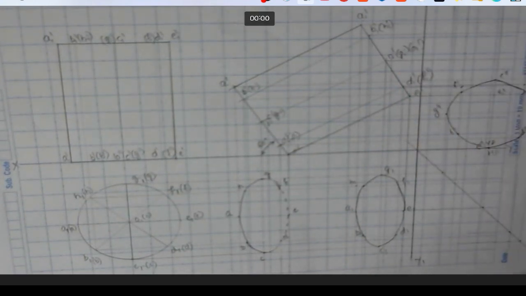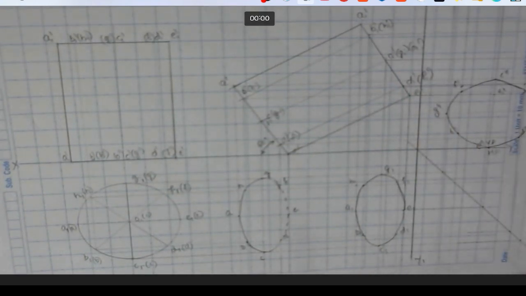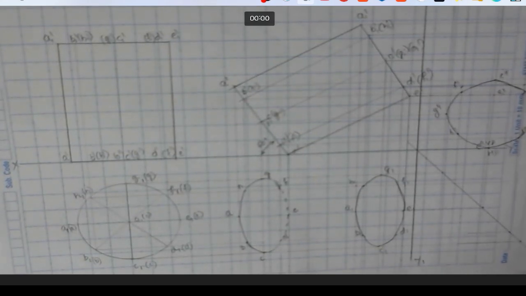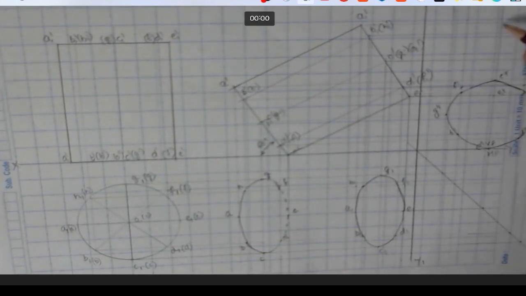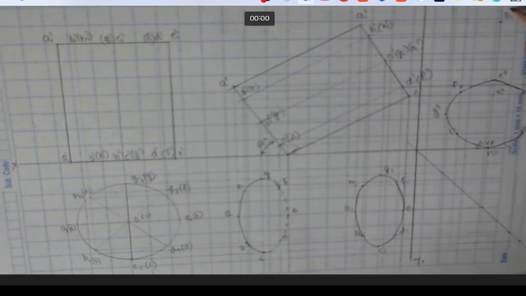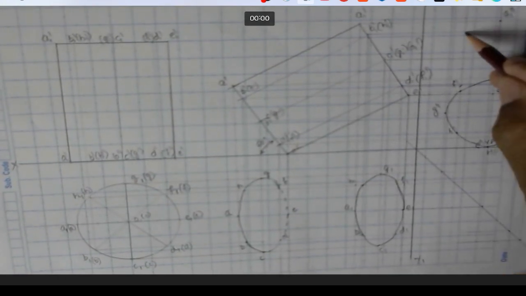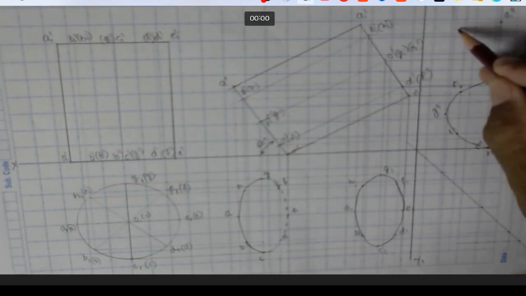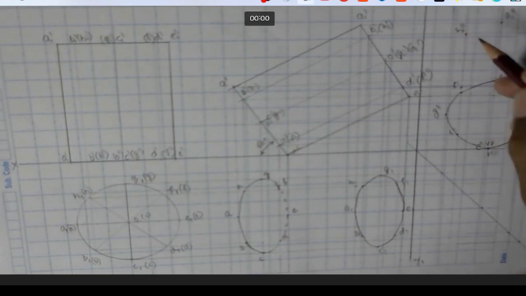Next, okay, E1 double dash is over, B1 double dash is over. So here it is what a C1 double dash, and here I got B1 double dash, and here I got an A1 double dash, and here I got an H1 double dash.